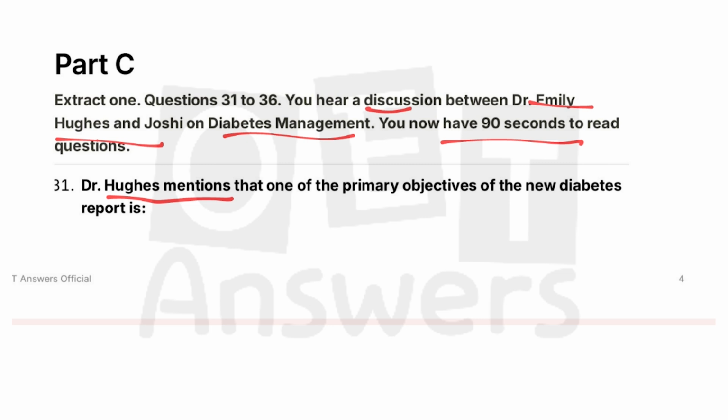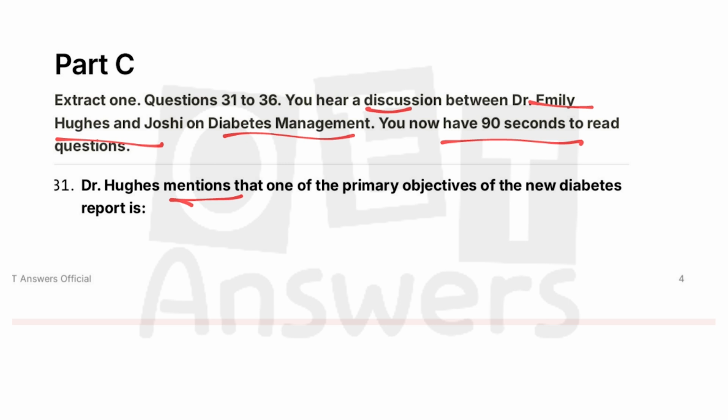First, Dr. Hughes mentions. So I underline Dr. Hughes mentions. Here, mentions is very important. I already told you, what kind of information do you have to look for in the audio? That statement will be provided here, like Dr. Hughes mentions. Mentions indicates opinion, suggestion, advice, any of them.